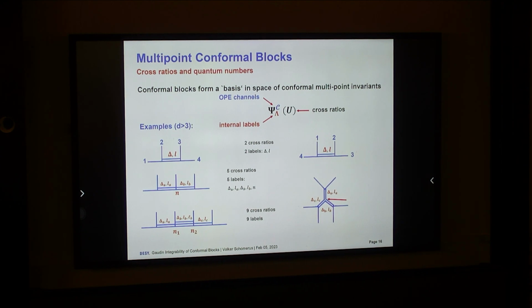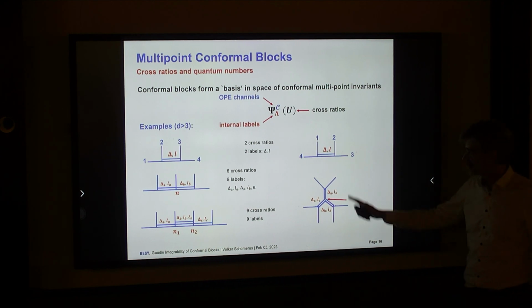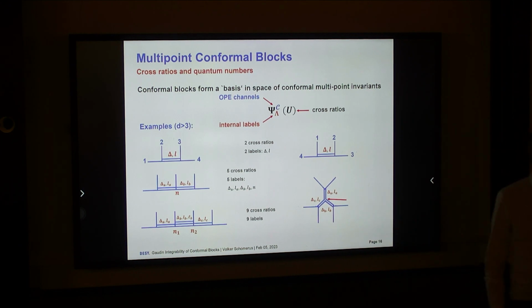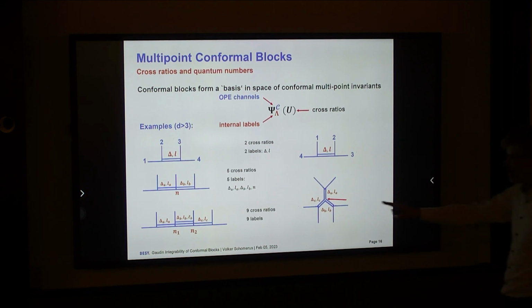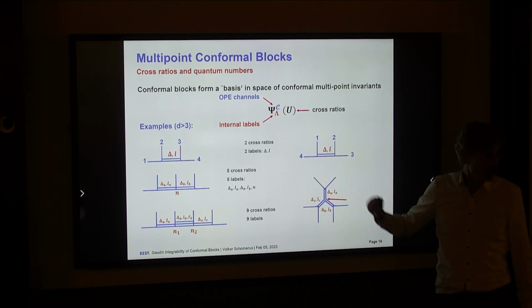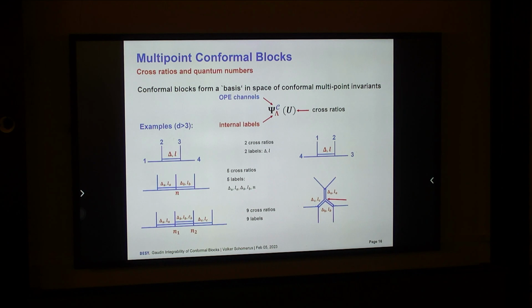And then finally, just for fun and so that you practice, here's another way of writing the 6-point blocks. Actually, 6-point is the first time that you can have channels of different topology. That's called a snowflake, very fitting with the weather outside. And so how many cross ratios? Same, 9, right?